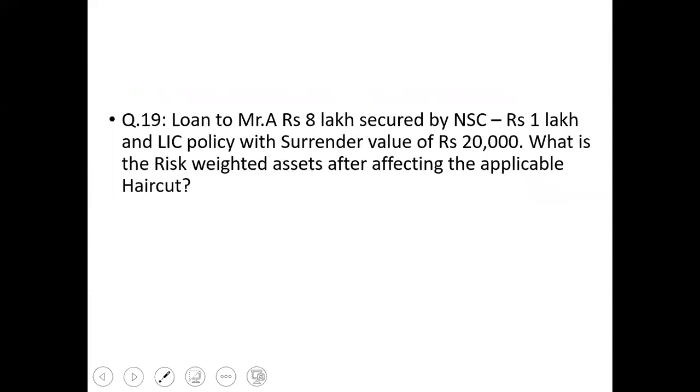Now next question. This is a different question. Remember, different question. Loan to Mr. A, 8 lakhs. Secured by NSC, 1 lakh. LIC policy, surrender value 20,000. What is the risk-weighted asset after affecting applicable haircut?